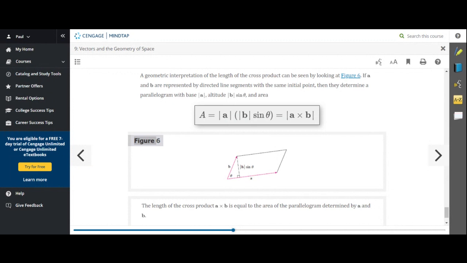Good, Ryan, good. Look at Figure 6. They have a parallelogram, and they want to find its area. You see they have a cut along that triangle on the left. If you were to move that triangle and place it on the right, it would fill in the gap.